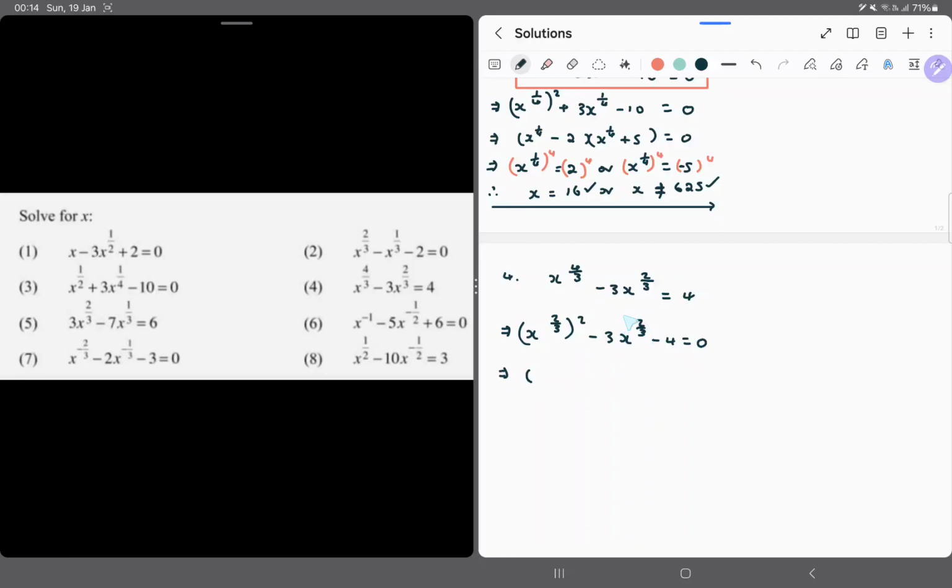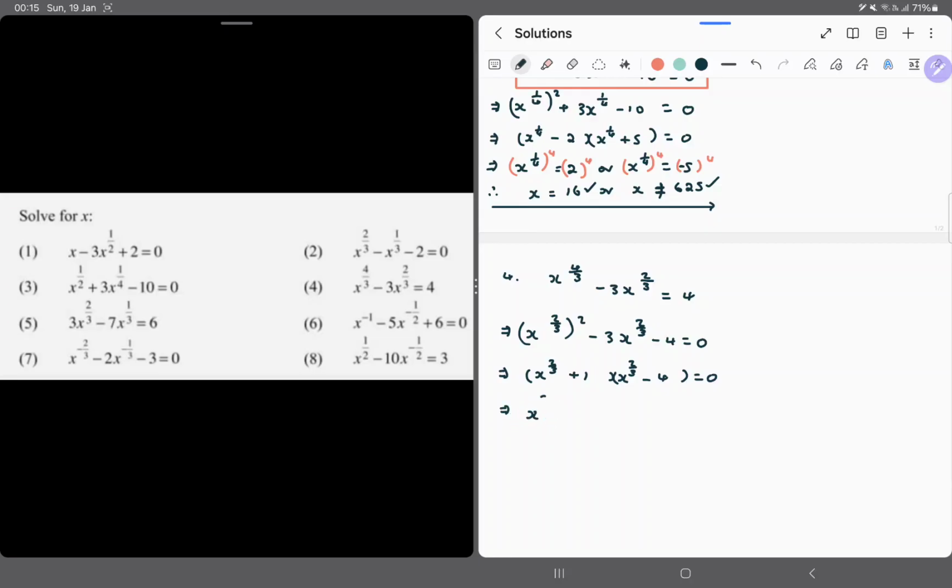Of course, you can make the smallest power there to be k. It's up to you, really. So this is x to the 2 over 3, x to the 2 over 3. This is minus 4 plus 1. It's nicely factorized.